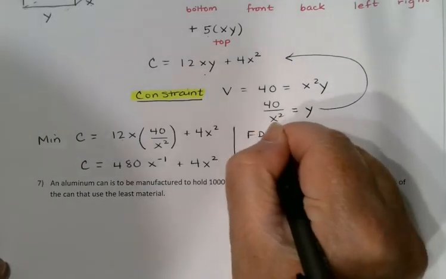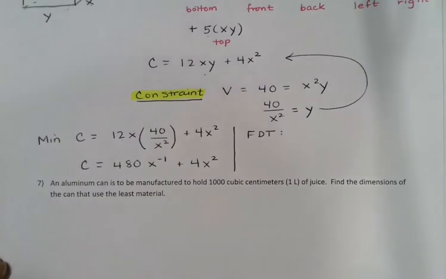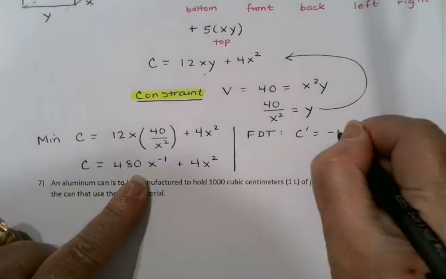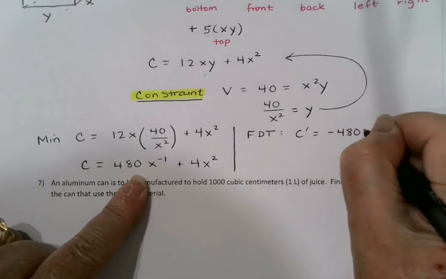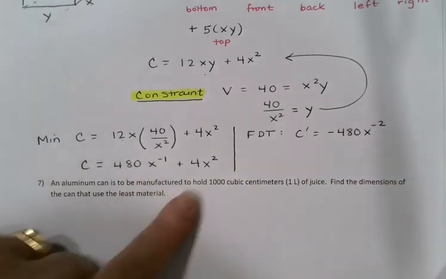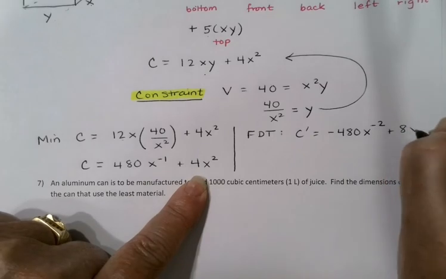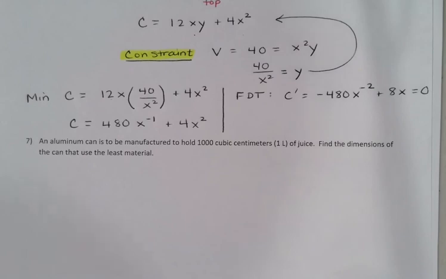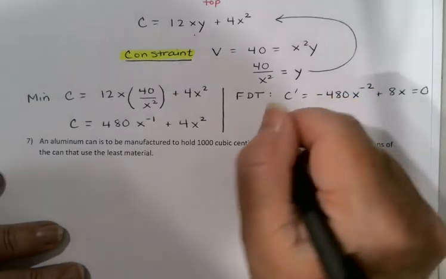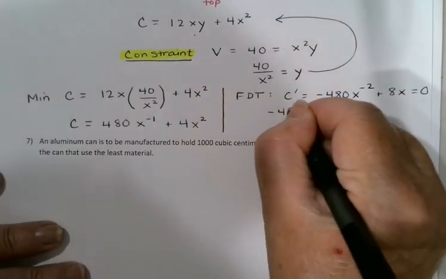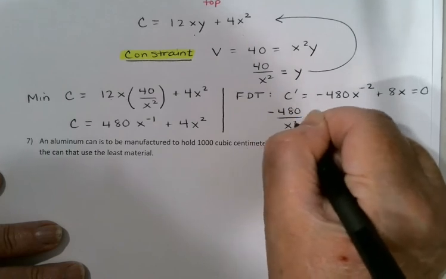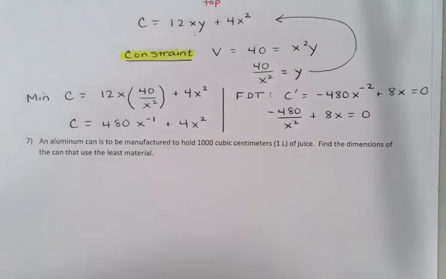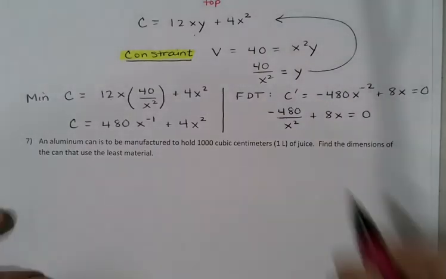All right, I need to do a first derivative test. C prime is negative 480 x to the minus 2, plus 8x. And I'd like to know where that's going to be equal to 0. So I have negative 480 over x squared plus 8x equals 0. And I'm going to clear the fractions.